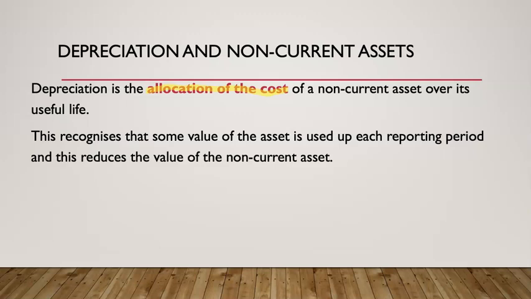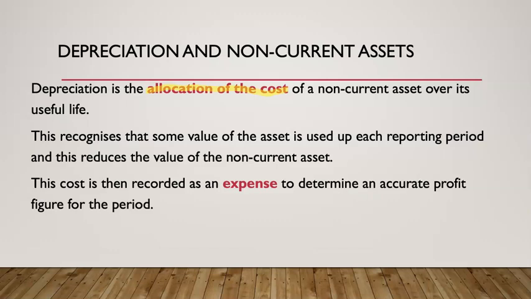We understand that we are using some of the value of the vehicle or computer each time we use it, each reporting period. And this is inherently reducing the value of this asset to our business. So we inherently then do reduce the value of our asset by depreciation.